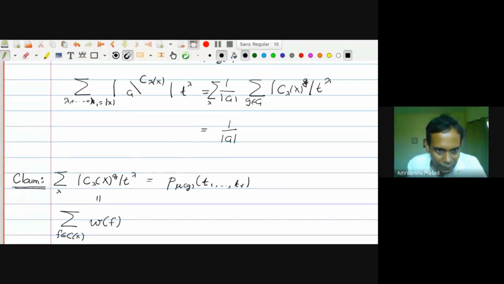Because a coloring F in C lambda G, I just take an invariant coloring, it will contribute exactly T raised to lambda if its weight is T raised to lambda. So all the colorings in C lambda X will contribute W of F exactly, T to the lambda.